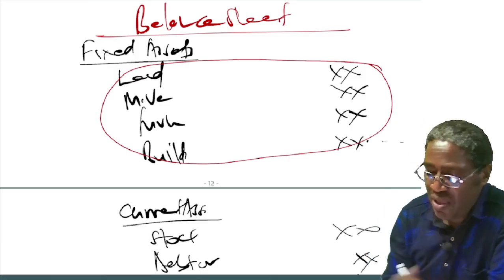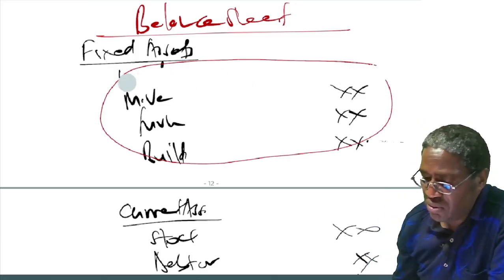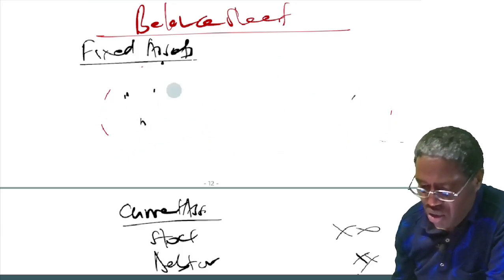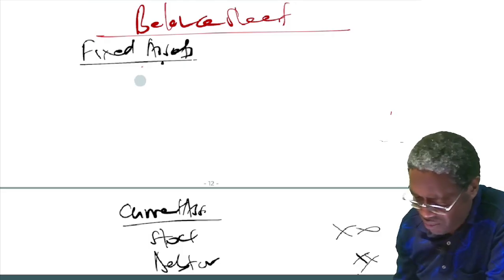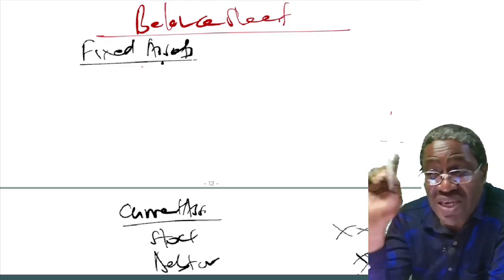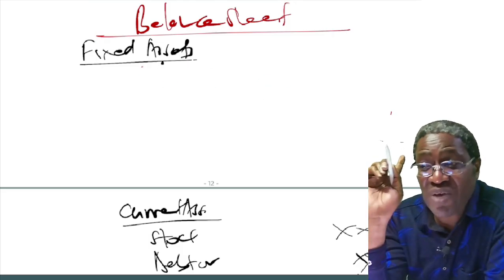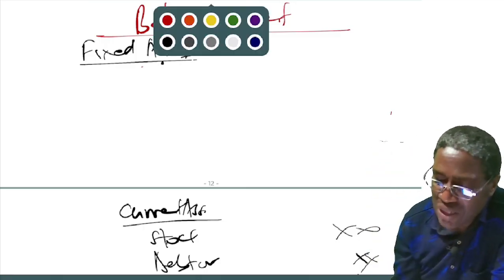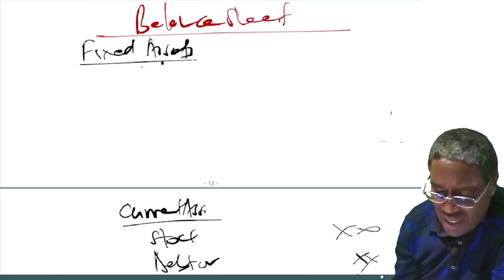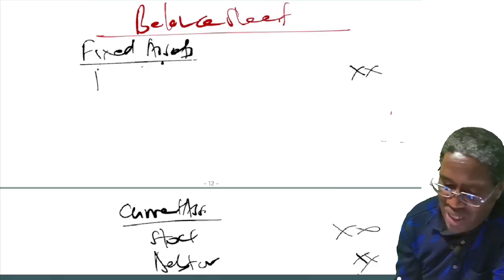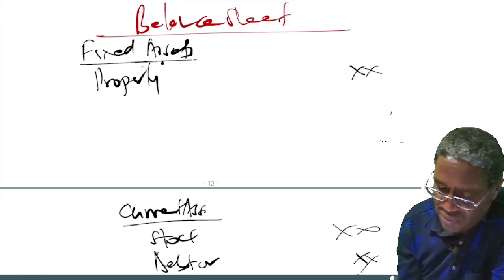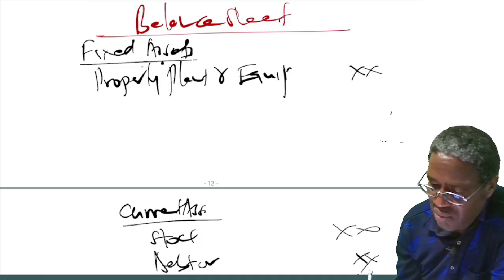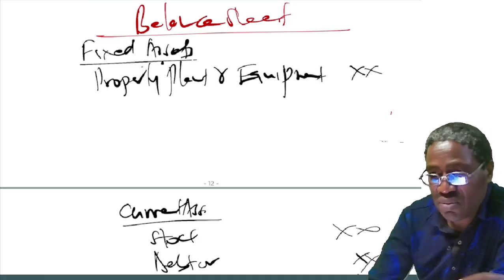No. Listen. You are required to combine all your fixed assets somewhere, and bring that amount to the balance sheet as a single amount under the name of property, plant, and equipment.